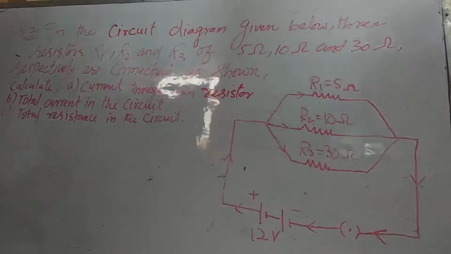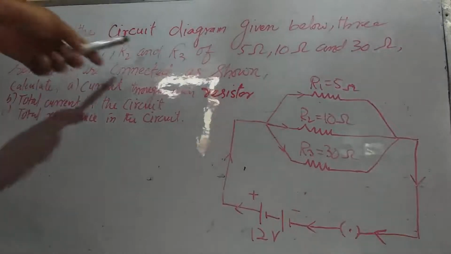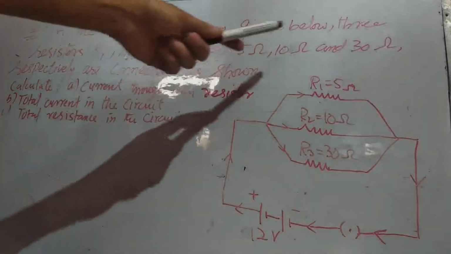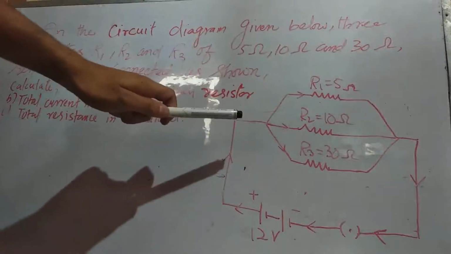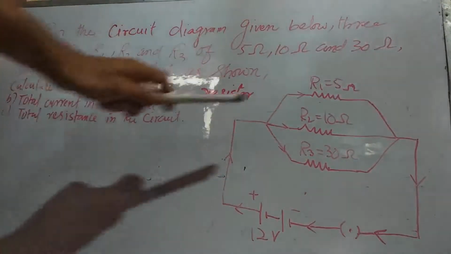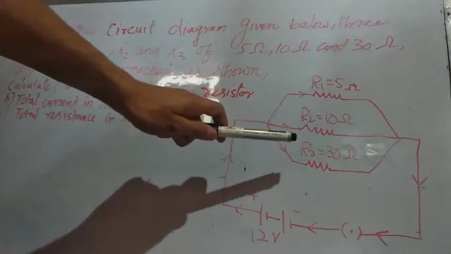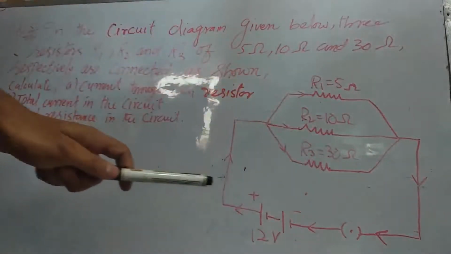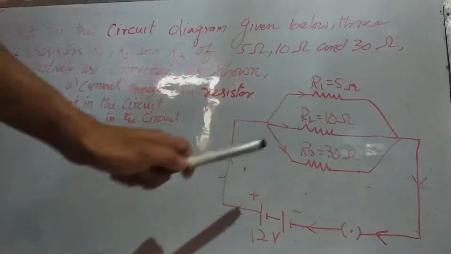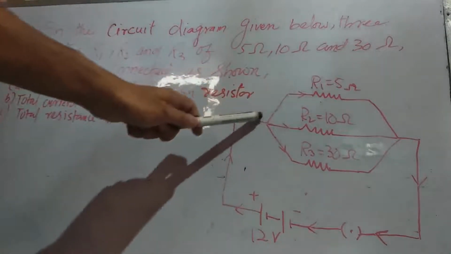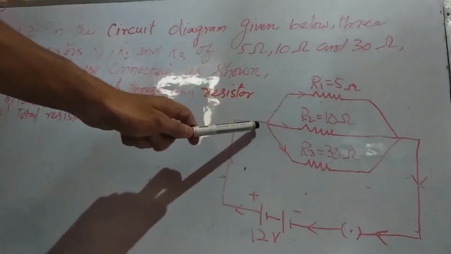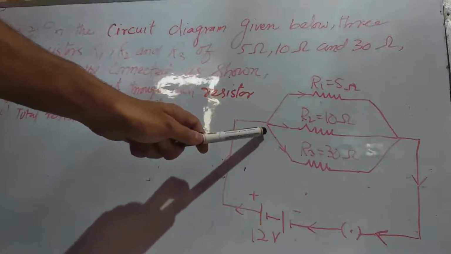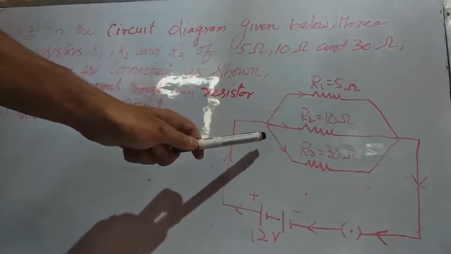Here is the second question. In the circuit diagram given below, 3 resistors R1, R2 and R3 of 5 ohm, 10 ohm and 30 ohm respectively are connected as shown. As you can see here, they are connected in parallel. This is the parallel combination.